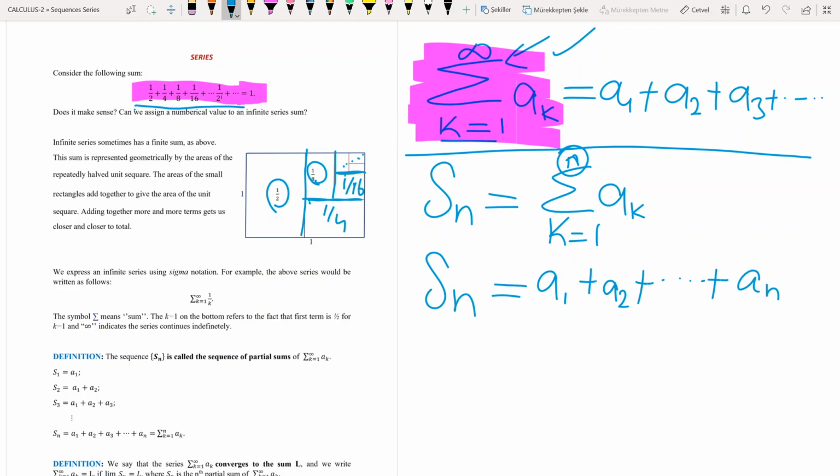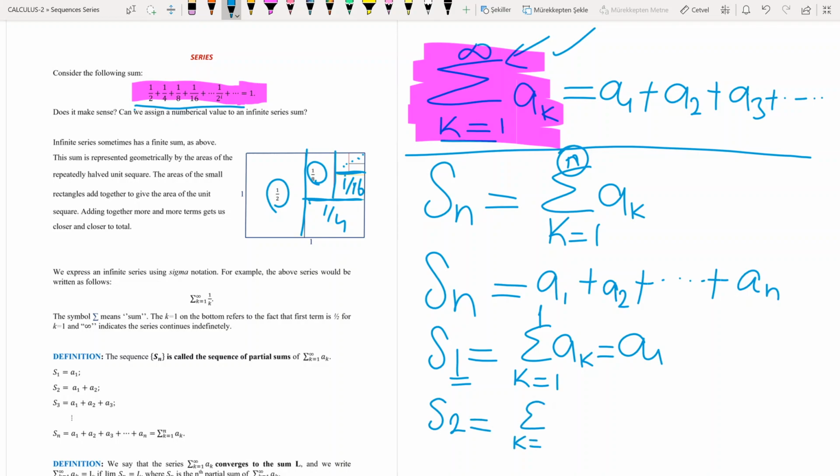Okay, let's write the first partial sum: k from 1 to 1, since you have 1 here. It means k starts from 1 and the last term is also 1. So this is a1. S2, summation from 1 to 2 of ak, is a1 plus a2.